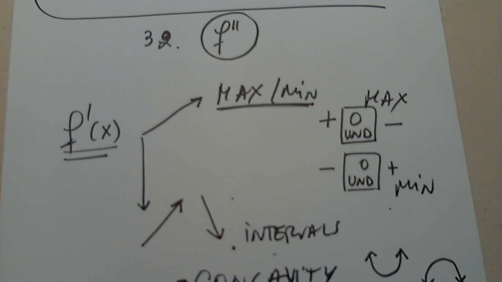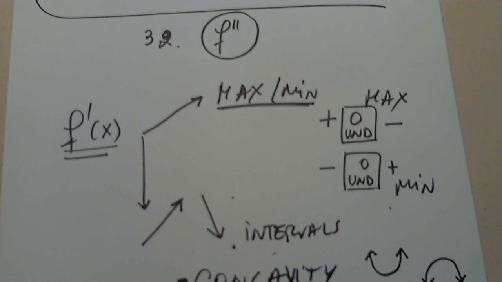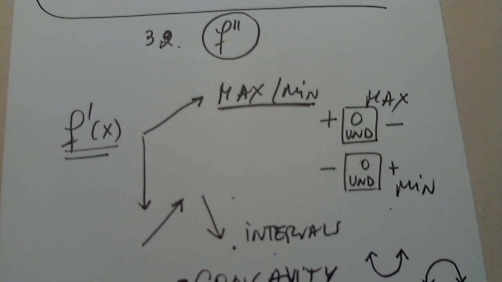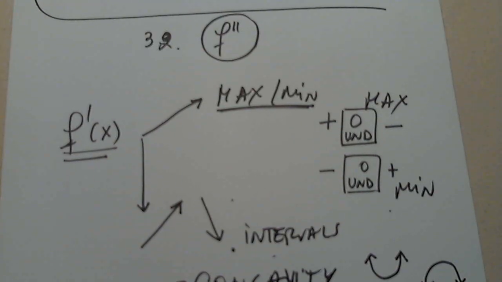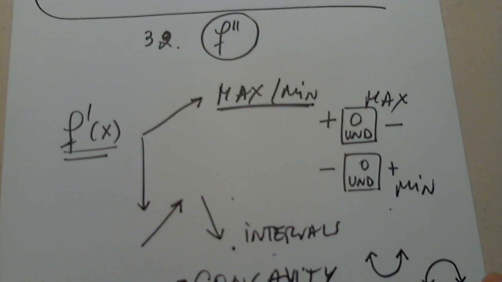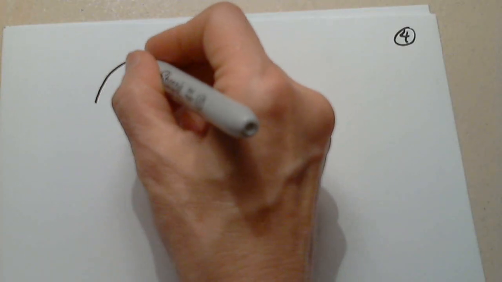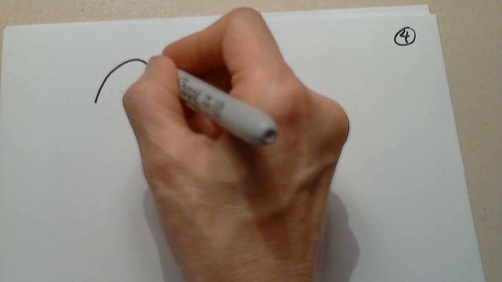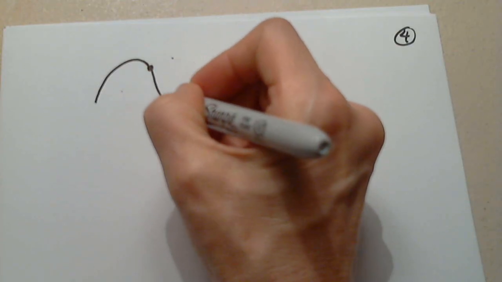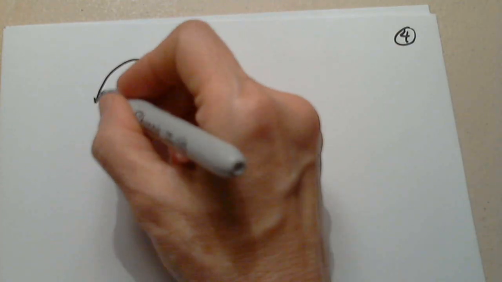Concavity. Second item, points of inflection. Points of inflection, what is that? It's where it changes concavity. What does that mean? Exactly the point where from opening down at this point opens upward.